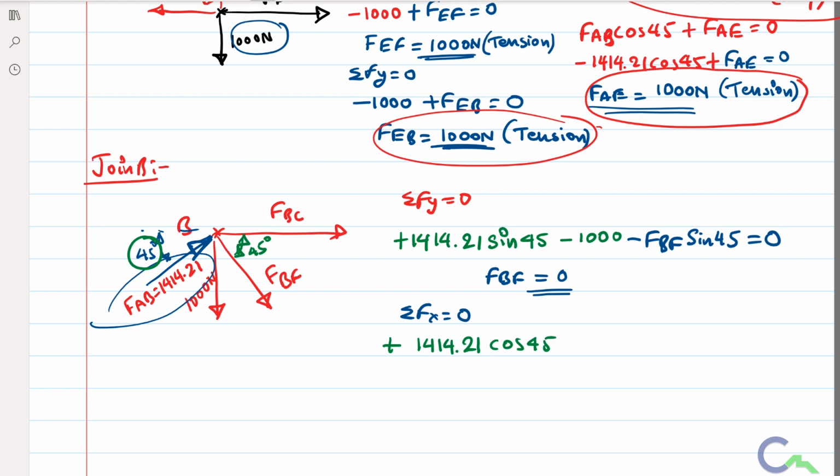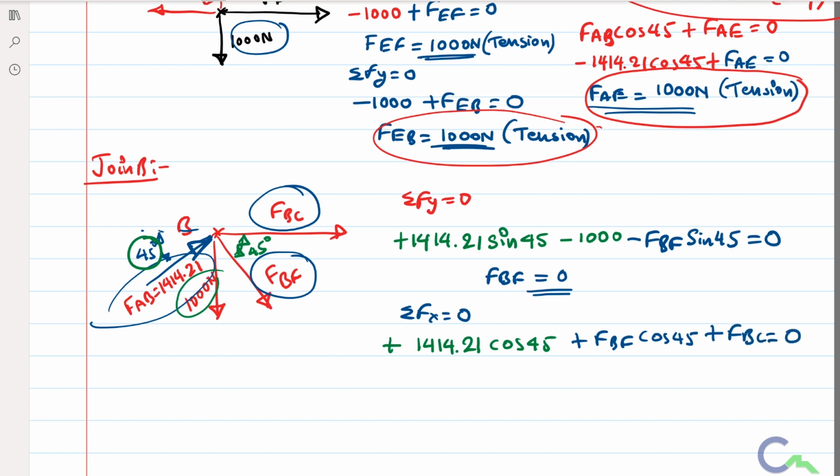So first force is completed. If I consider 1000 acting exactly vertical, there is no horizontal component. If I consider this FBF, if I resolve in horizontal direction, it is going to move in positive direction. Therefore plus FBF cos 45. Then we have FBC, it is acting exactly in positive direction, so I will take FBC.